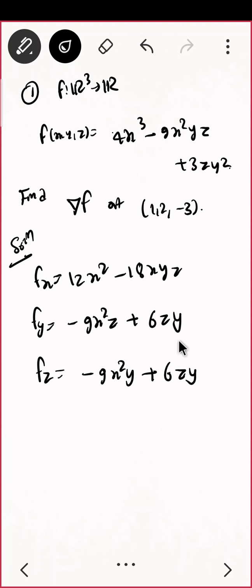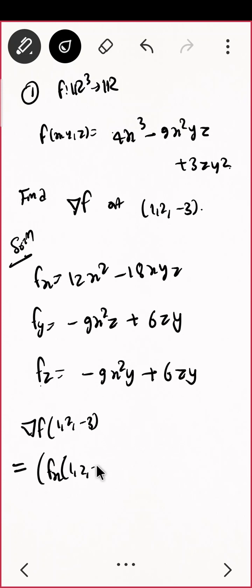Correct? This is your fz. So fx, fy, fz we got. Now what had to be found? What is del f? Del f at 1, 2, minus 3 is equal to fx at 1, 2, minus 3, comma fy at 1, 2, minus 3, and fz at 1, 2, minus 3.